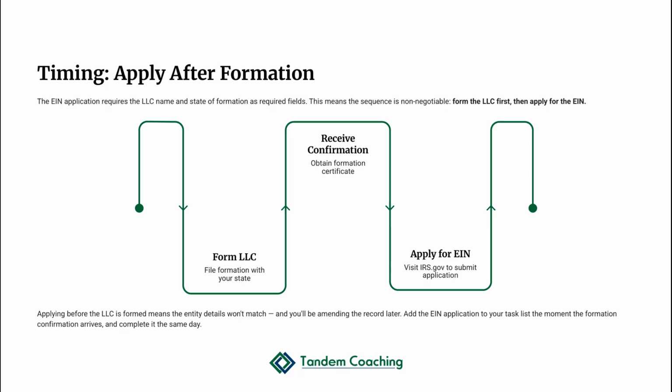Apply before the LLC exists, and you'll either be filing as a sole prop EIN, which is a different record, or amending the LLC's EIN later when you realize the entity name on the certificate doesn't match. Wait for the formation confirmation to land in your email, then run the EIN application that same day.